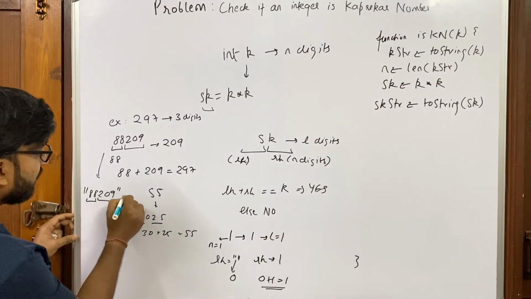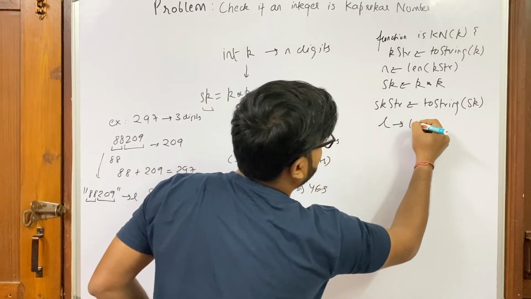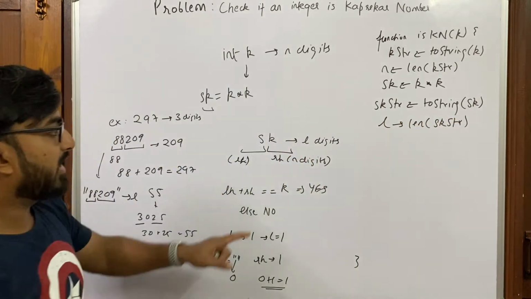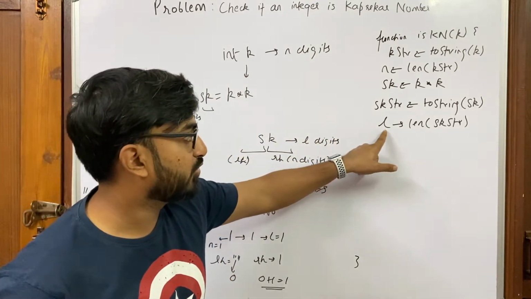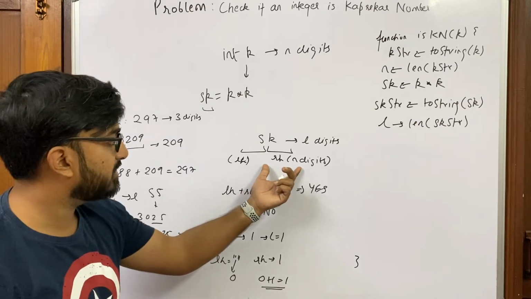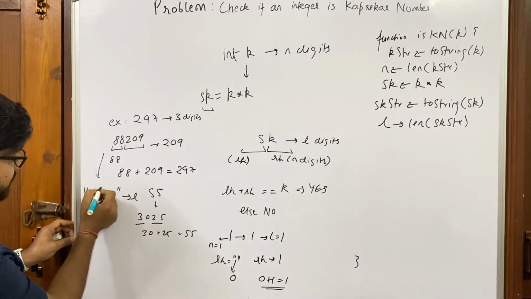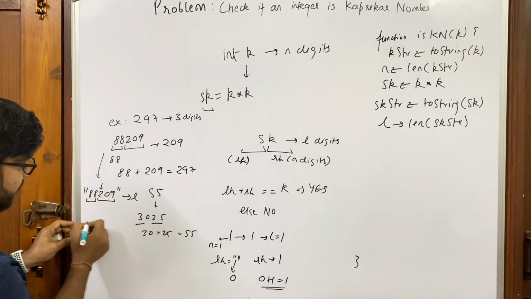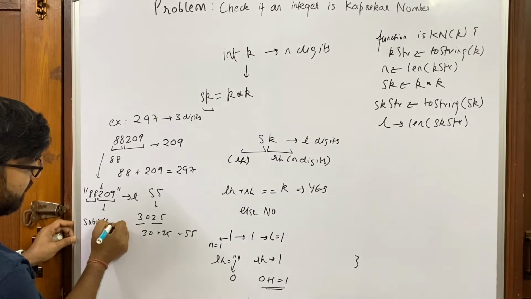So for a string of length L, where L is basically the length of the square of k string, the square of k has L digits. So the right half is n digits. From this string of length L, we have to extract the rightmost n. So we can say find the substring from L minus n.